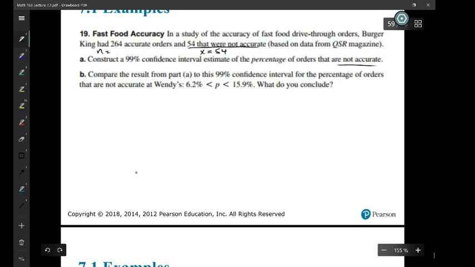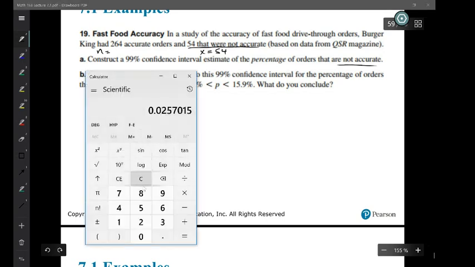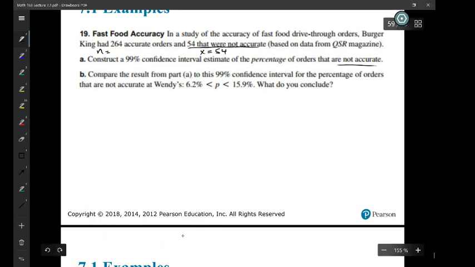Now N is not this 264. We have to keep in mind that it's the accurate orders plus the non-accurate orders that give us the total number of trials. So we have 264 plus 54, so our N is 318.